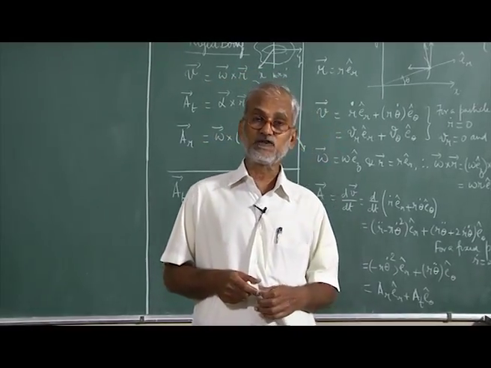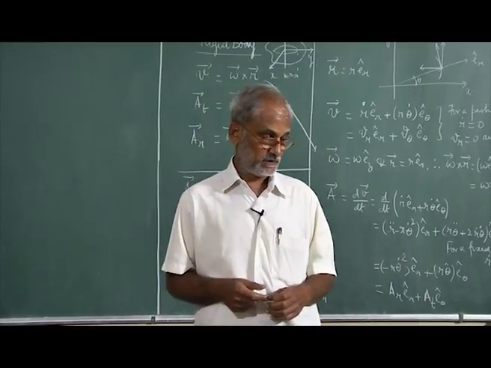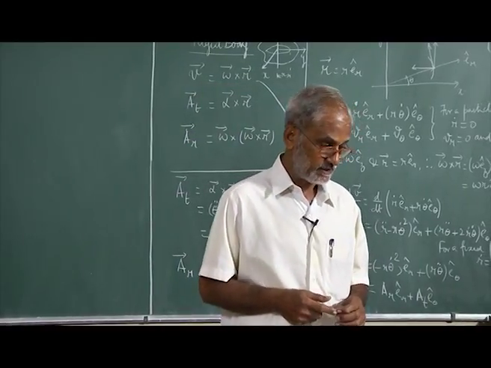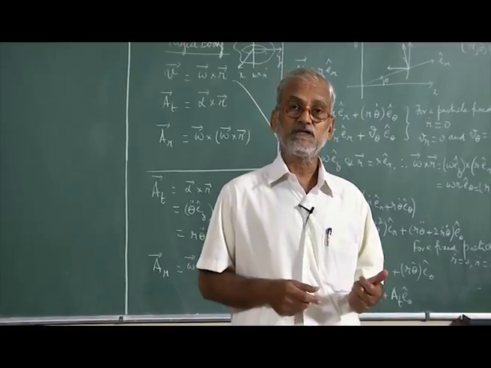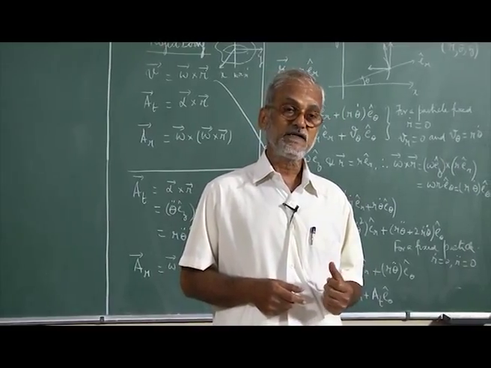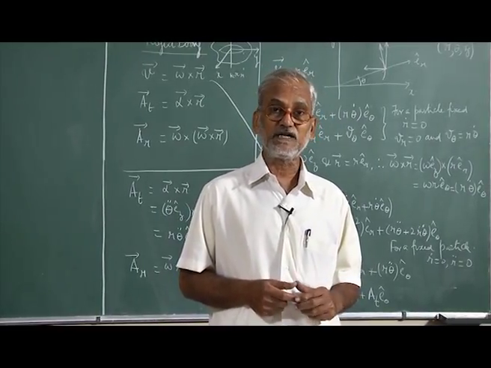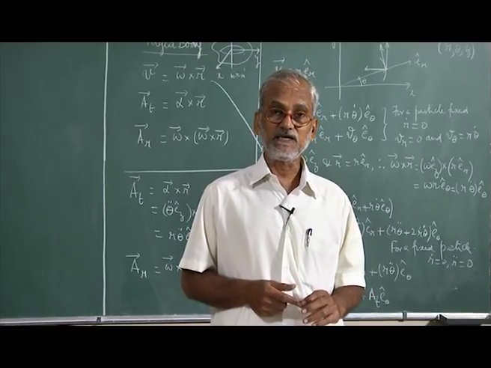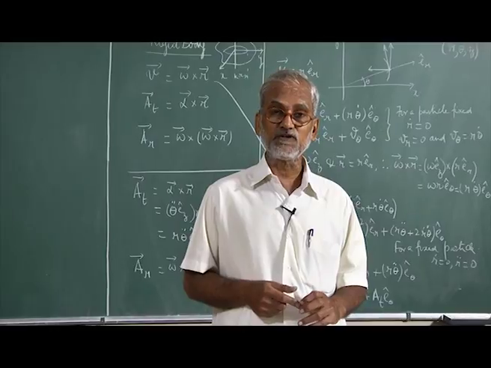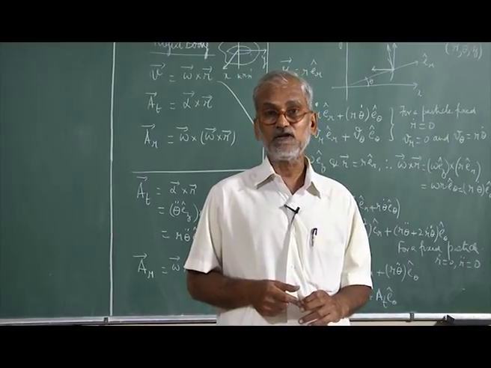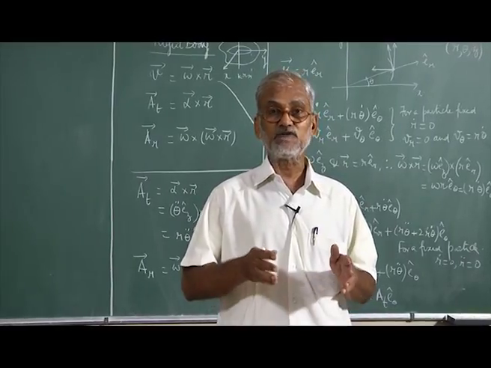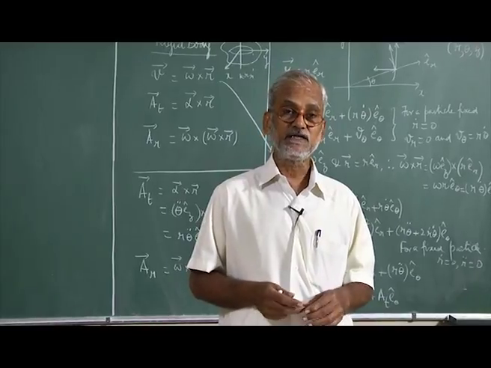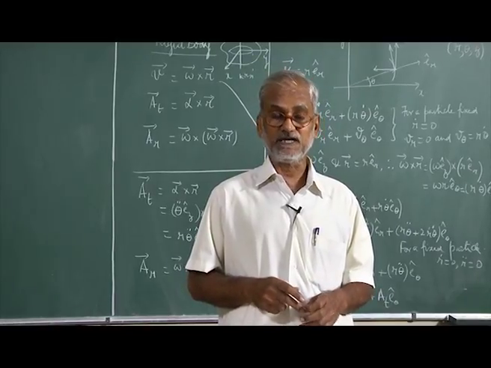Yesterday we introduced the cross product between two vectors A and B, and we showed that this vector is perpendicular to both the vectors A and B, in the sense that it is perpendicular to the plane constituted by vector A and vector B. Then we introduced the notions of angular velocity, or the magnitude of that, which is rotational speed, then angular acceleration.